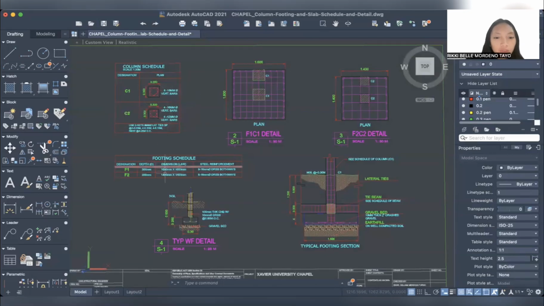For the footing schedule and detail, there are different components such as size and shape of footing, depth of footing, concrete detail information, reinforcement details, and more. The footing is the bottommost element of the foundation that transfers the load of the structure to the underlying soil. The drawing shows two different sizes of square footing: 1,600 millimeters by 1,600 millimeters for footing 1, and 1,400 by 1,400 millimeters for footing 2.